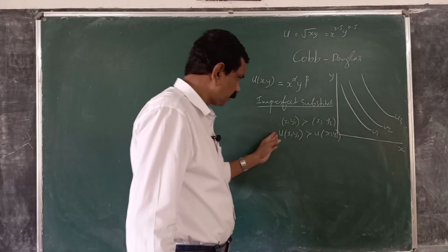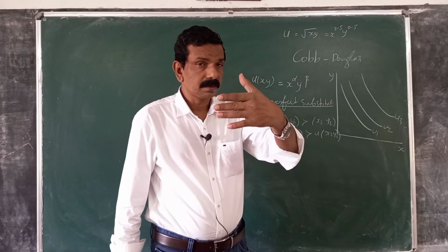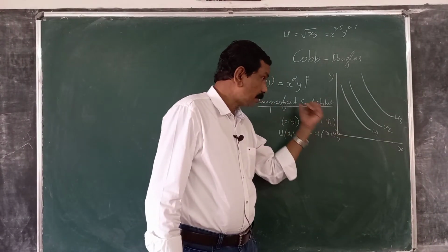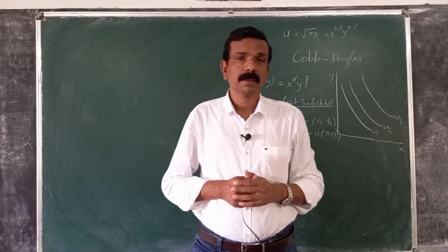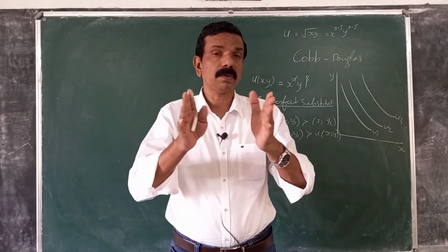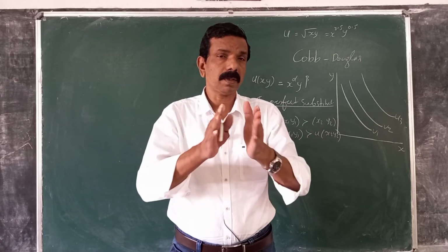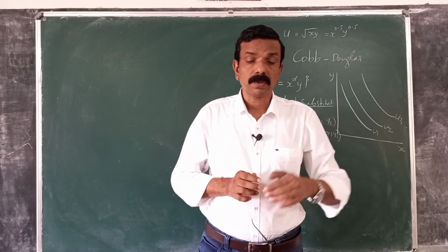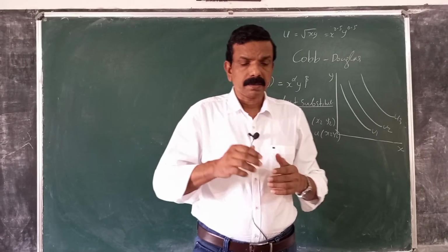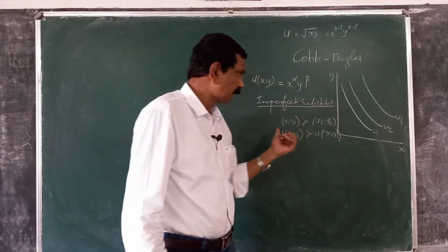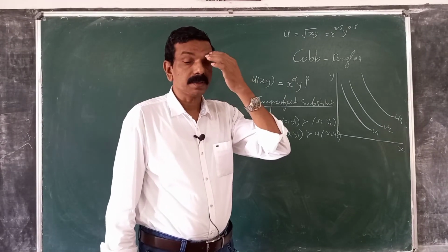Since utilities are defined only in ordinal terms, we can represent the preferences by this utility function or a monotonic transformation of this utility function, because monotonic transformation is order preserving. Now let us consider monotonic transformations of the Cobb Douglas utility function.